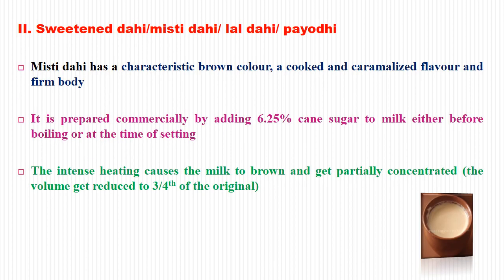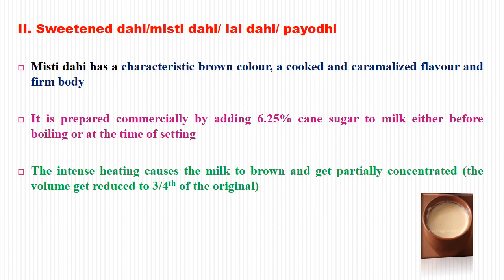Now we will discuss sweet dahi or misti dahi. Sometimes it is called lal dahi or payodhi. This is very famous in the eastern part of India like West Bengal, Orissa, Bihar, and most famous in Calcutta. Misti dahi has a characteristic brown color, a cooked and caramelized flavor, and a firm body.